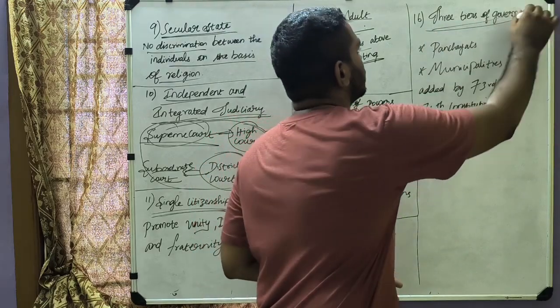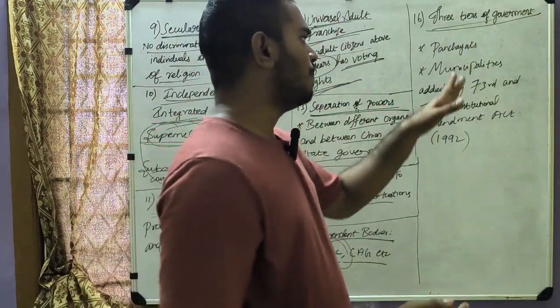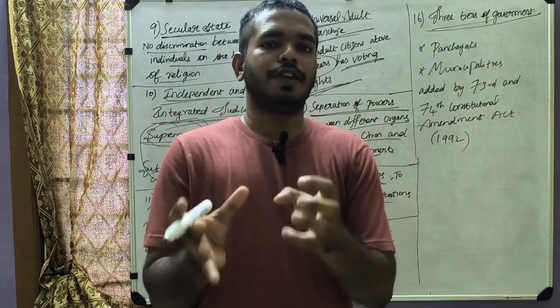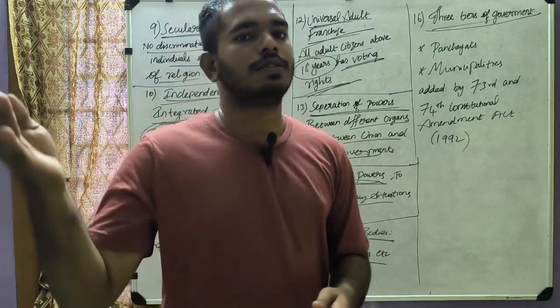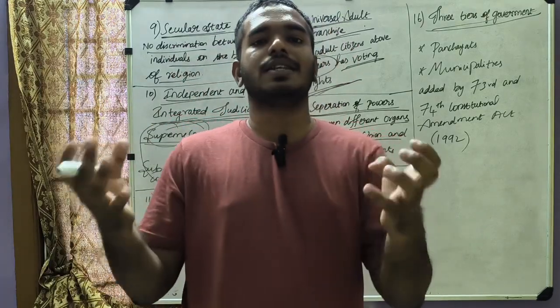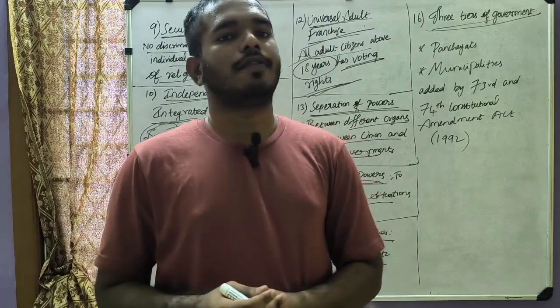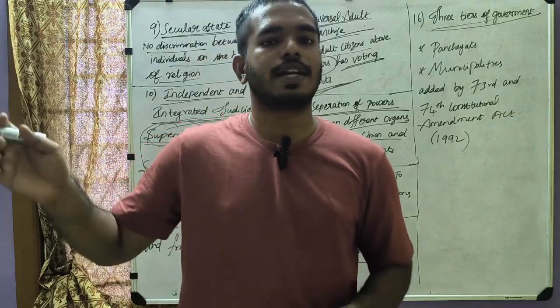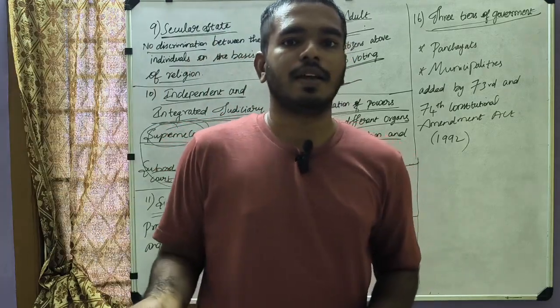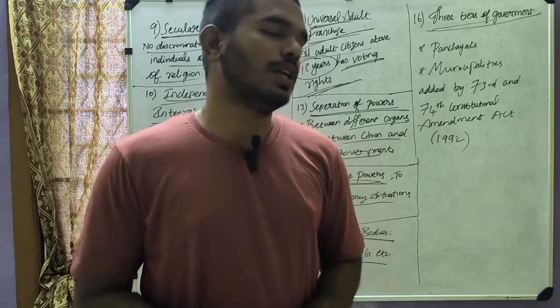Next is the three-tier government. If you take any country in the world, there are mainly only two tiers of government: one is the union government or central government, and another is the state government or provincial government.